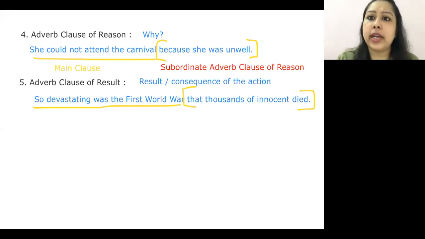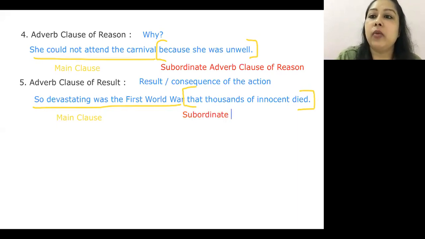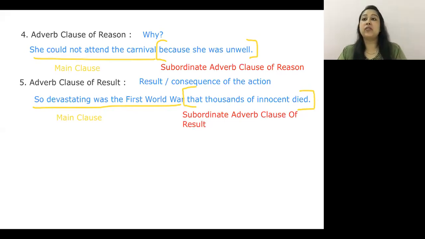Correct, Ojas. So let's just put this down. This is my main clause, and this is my subordinate adverb clause of result. Clear? Easy to understand. At least the first 5 were easy for you to understand.